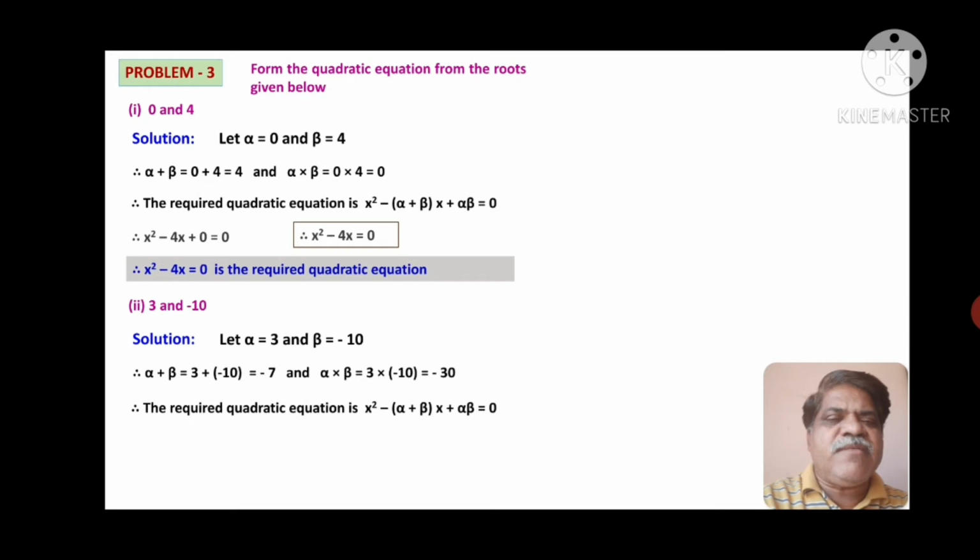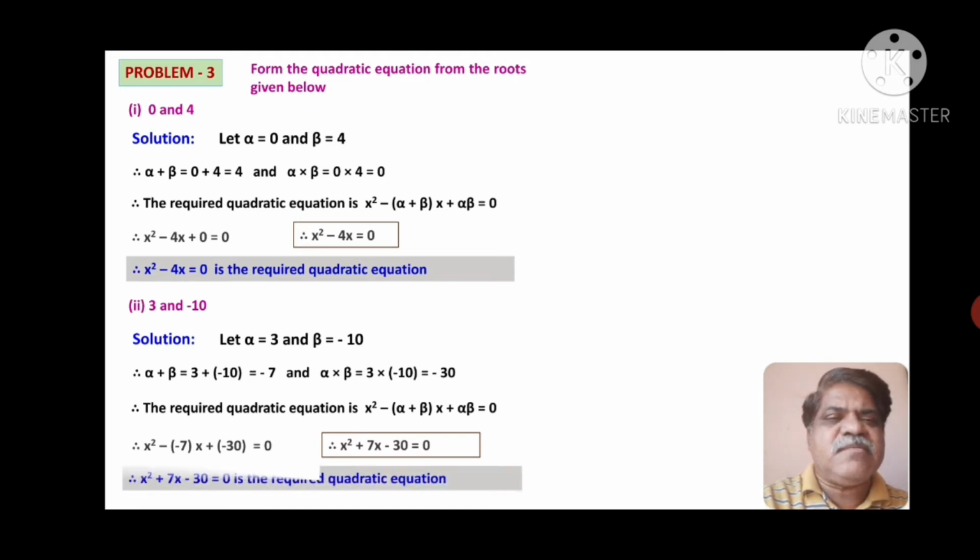The required quadratic equation is x square minus (alpha plus beta) into x plus alpha beta is equal to 0. Now substitute the values: x square minus of minus 7 into x plus minus of 30, means you are getting x square plus 7x minus 30 is equal to 0. Therefore, we can say that x square plus 7x minus 30 is equal to 0 is the required quadratic equation.